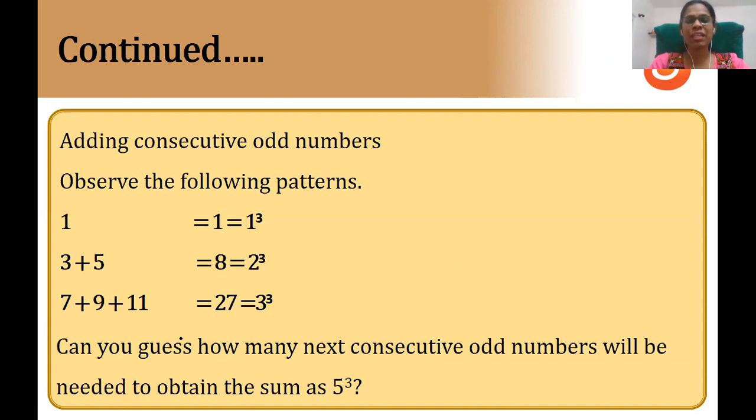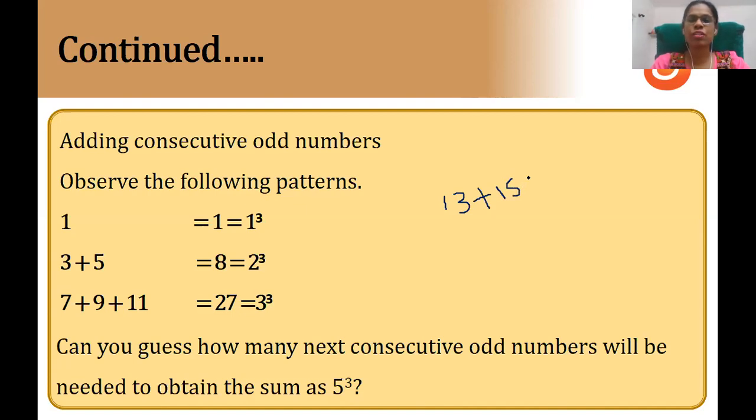Can you guess how many next consecutive odd numbers will be needed to obtain the cube of 4? I hope this is the next set of the series and really easy. Can you tell me? This one can be 13 plus 15 plus 17. I hope you are clear now.